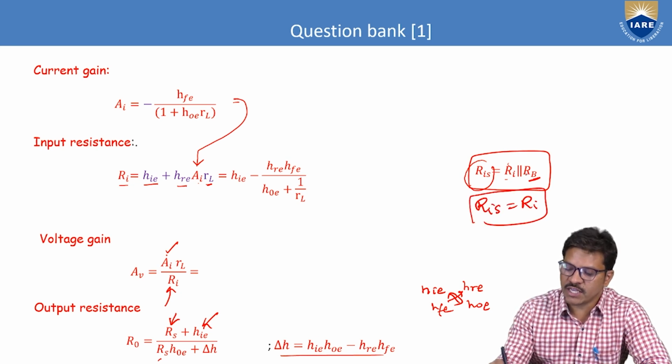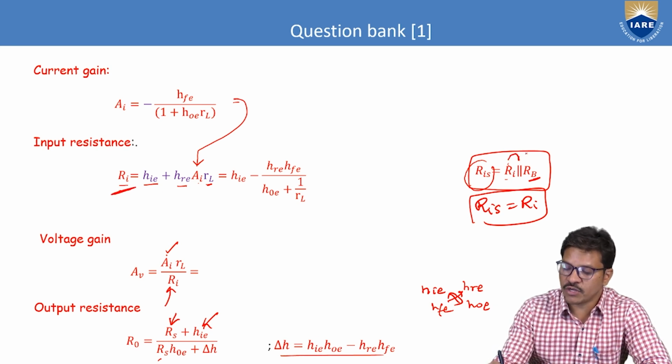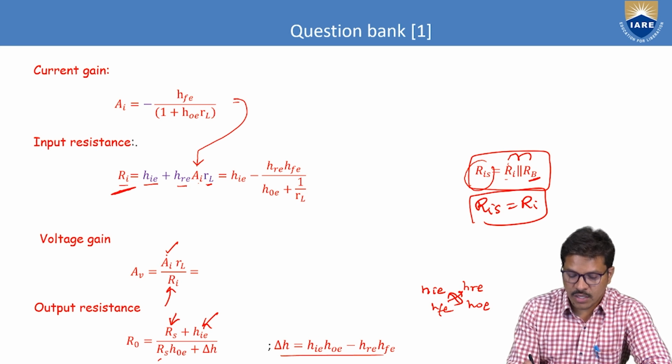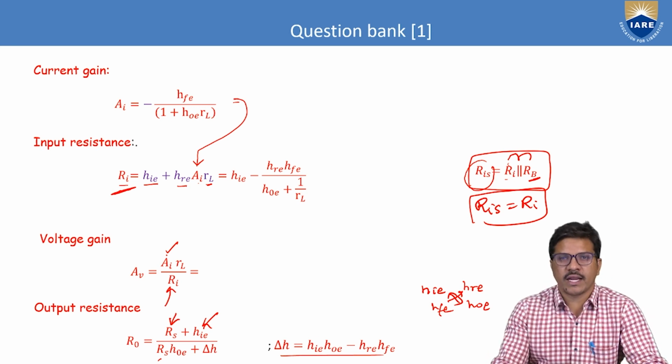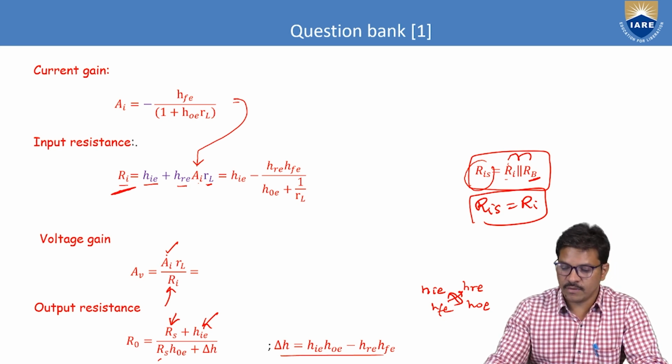If the base resistance is given, once you find Ri, take its parallel combination with RB, and that result is the input impedance including the source, RIS. Then we will get the current gain, input impedance, output impedance, and voltage gain.